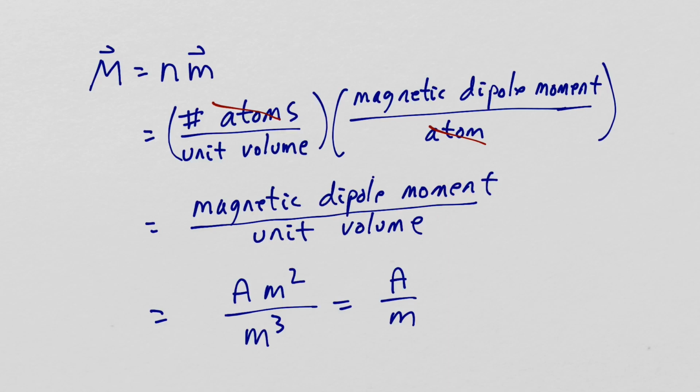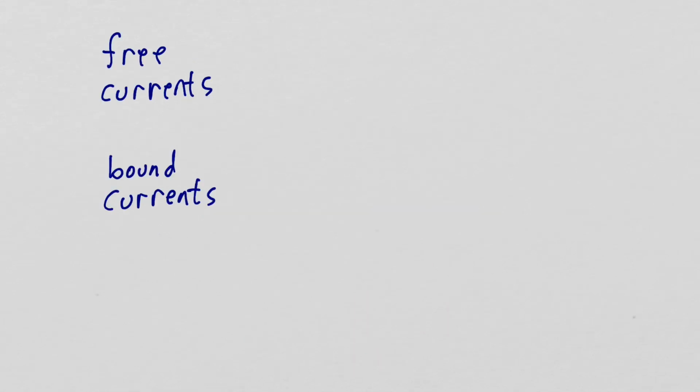So free currents generate magnetic field intensity, and we saw the relationship between magnetic field intensity and magnetic flux density field was B is equal to mu 0 times H. We're going to associate bound currents with generating magnetization, and magnetization will similarly generate magnetic flux density field, so B is equal to mu 0 times M.